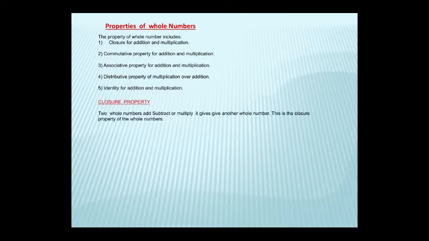Closure property. What do we mean by closure property? When two whole numbers are added, subtracted or multiplied, it gives another whole number. If you take two whole numbers and add them, you get a whole number only. This is closure property of whole numbers.